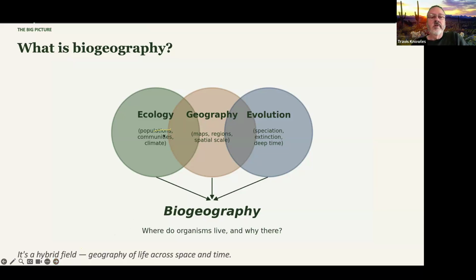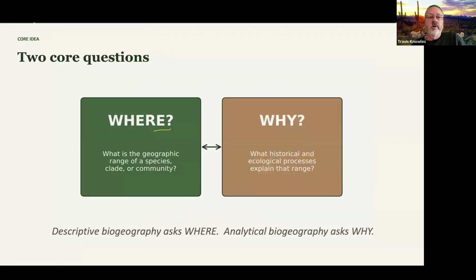We're going to look at some of these factors in this brief lecture, like the effects of climate and also the effects of evolutionary processes. Speciation refers to the origin of new species, and then extinction when lineages end and are never to be seen on Earth again. And we're going to think about the concept of deep time and what effects that has had on the distribution of plants and animals and life on Earth.